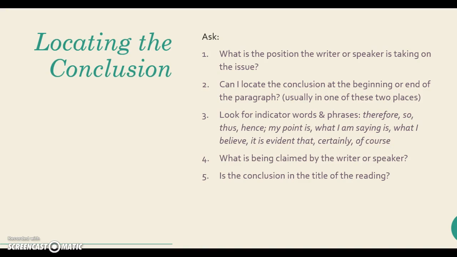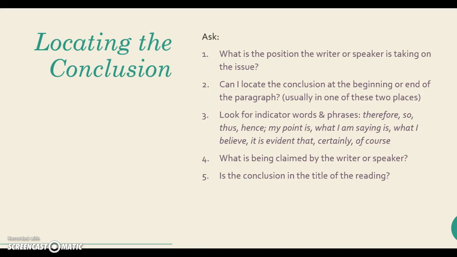So the 5-step process that's outlined in the chapter is a pretty sound way to locate the conclusion. You can ask yourself what position the writer or speaker is taking on the issue. You can locate the conclusion typically at the beginning or the end of a paragraph right after the topic has been introduced. You can look for indicator words such as therefore, so, thus, hence, or indicator phrases like my point is, what I am saying is, what I believe, it is evident that, certainly, of course.